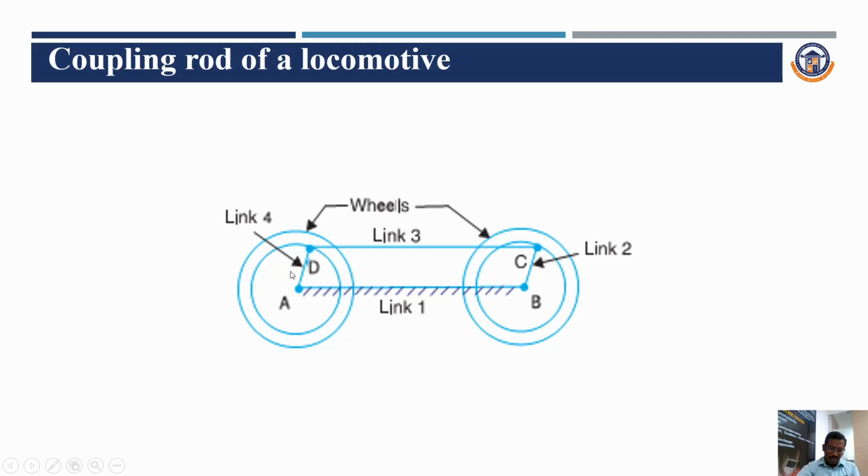We can give input to any link, that means link 4 or link 2. In this mechanism, we give the input to the smallest link; link 2 and link 4 are the smallest links, so we can give input to link 4 or link 2, clockwise or anti-clockwise. For example, we give the clockwise direction to link 2, that means BC.